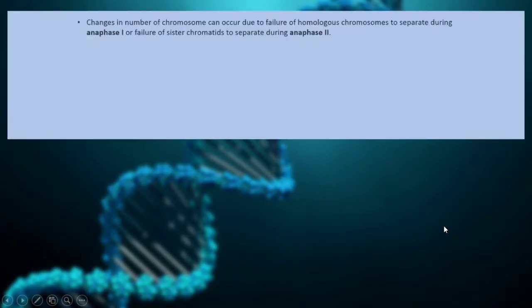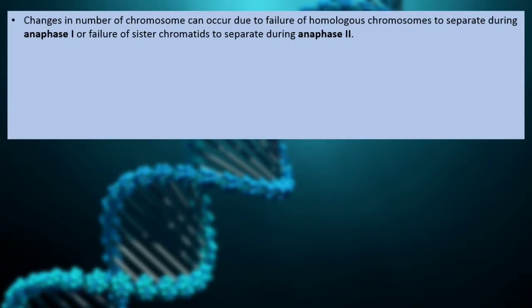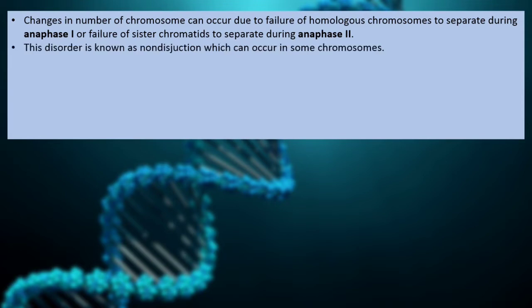A change in the number of chromosomes can occur due to failure of homologous chromosomes to separate during anaphase 1, or failure of sister chromatids to separate during anaphase 2. This disorder is known as non-disjunction, which can occur in some chromosomes.